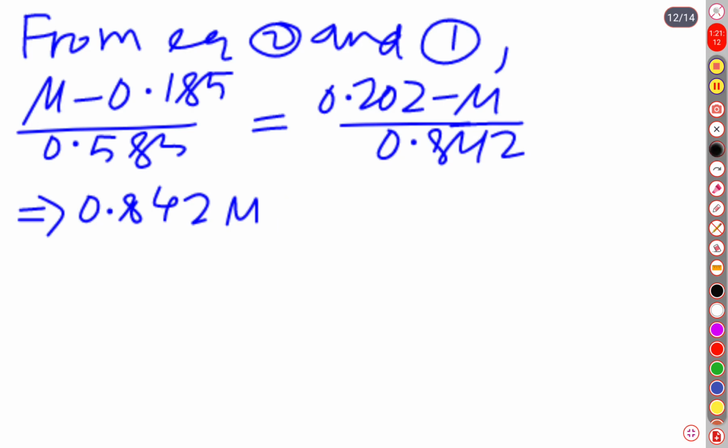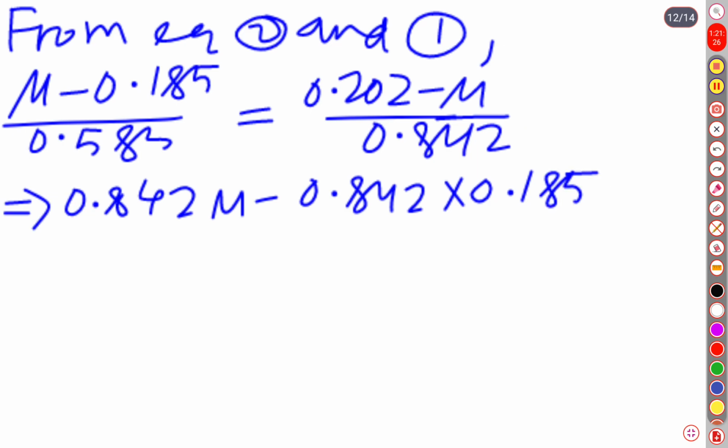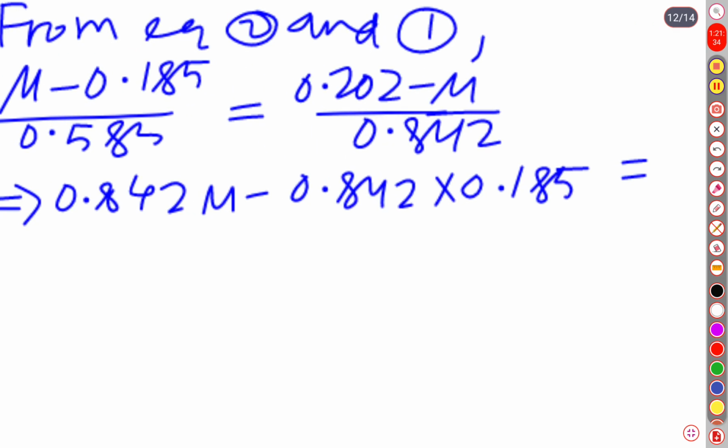0.842 into mu minus 0.185 is equal to, how much was the denominator? The denominator 0.583.